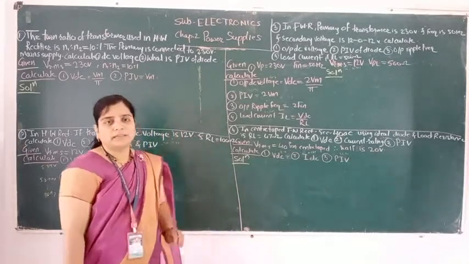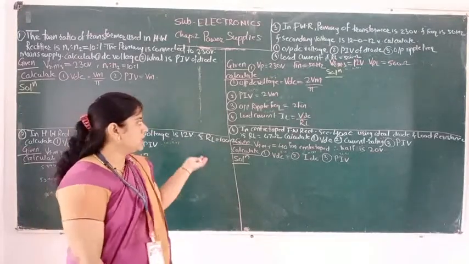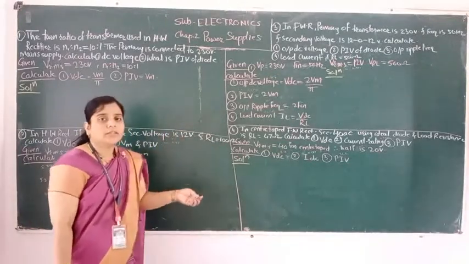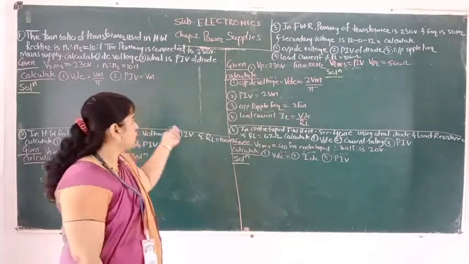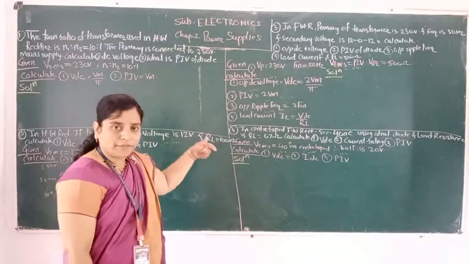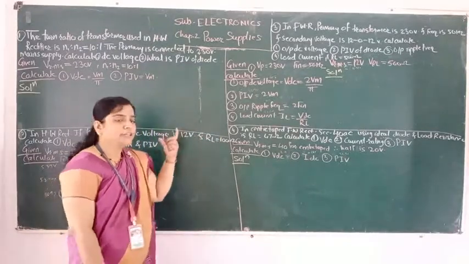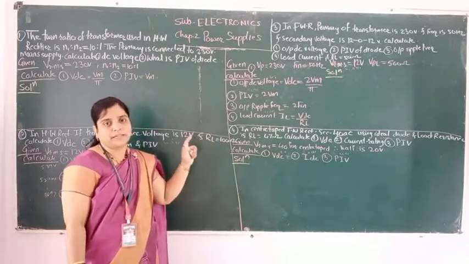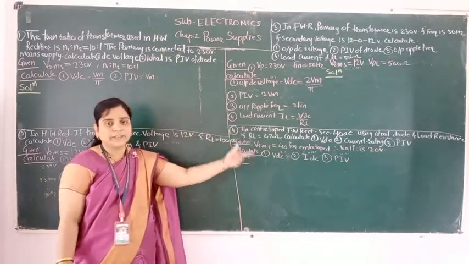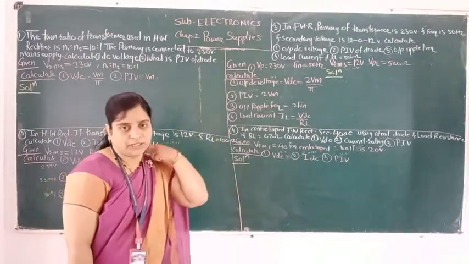I repeat these things in each and every video because you must have learned these properties. Okay, so what is in the half wave rectifier, what is in the full wave rectifier? We have seen the difference between half wave, full wave and bridge rectifier in the previous lectures.